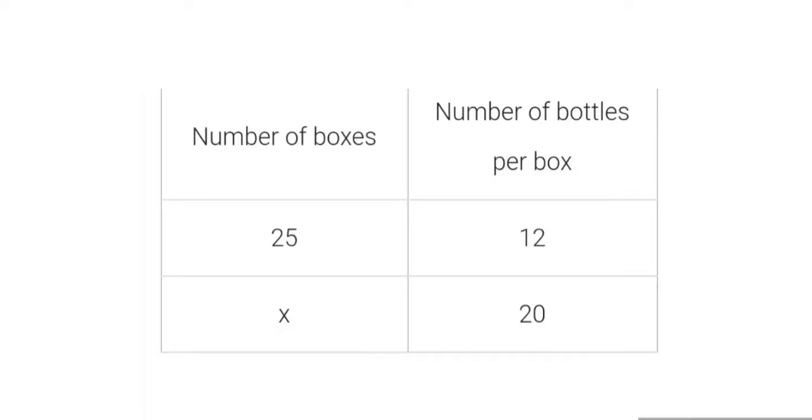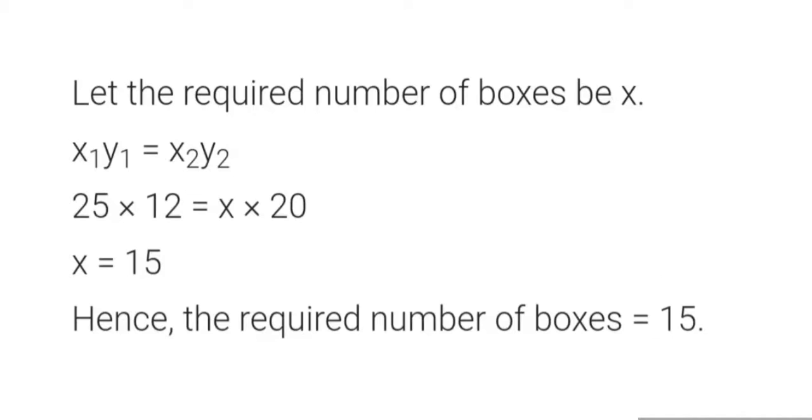Okay. So the two quantities are in inverse proportion. So we can suppose the number of boxes is x. So 25 into 12 is equal to x into 20. So x is equal to 25 into 12 upon 20. So x value is 15. So the required number of boxes is 15.